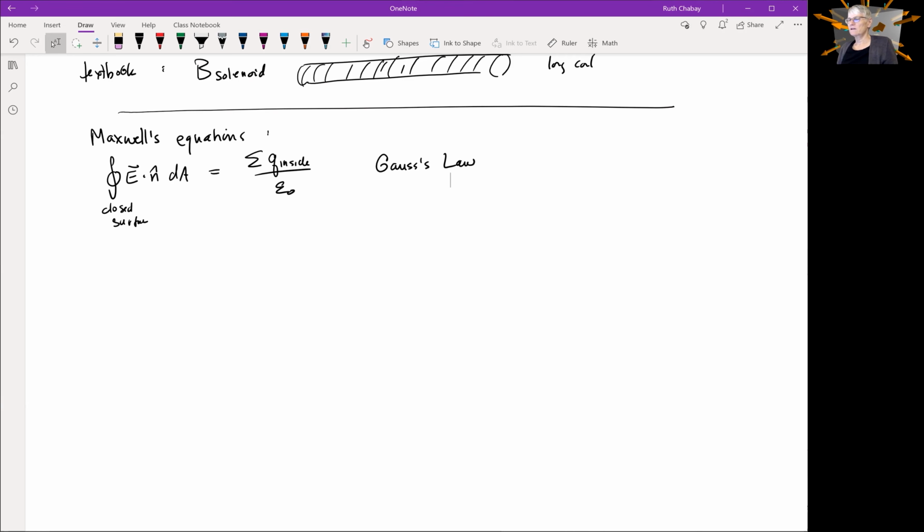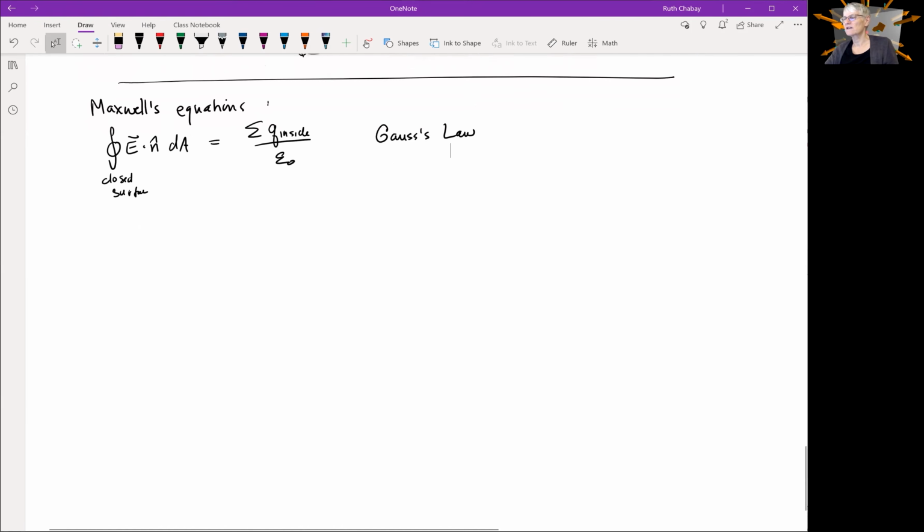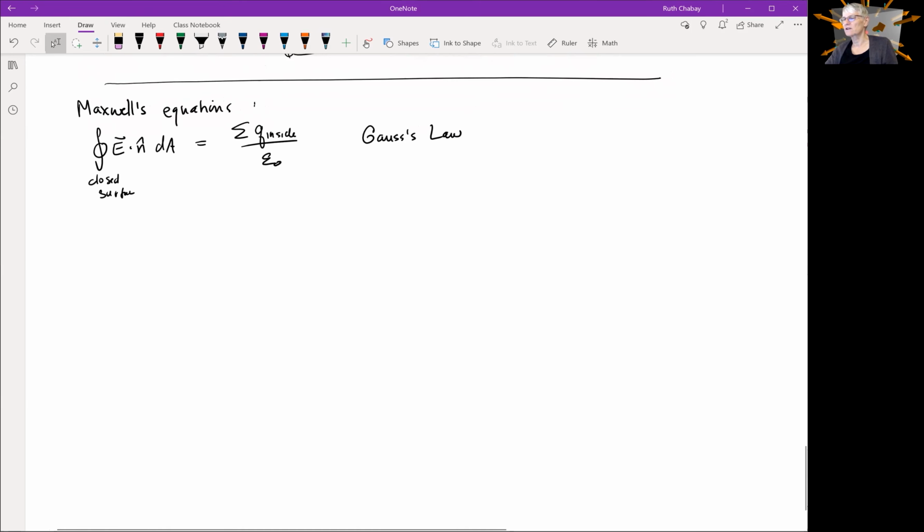And in fact, this is a somewhat more general and relativistically correct description of this. Now, there's also a way to write this in terms of differential calculus, but I think most of you haven't had that yet. If you want to see it, there is a section in the book that actually talks about that.